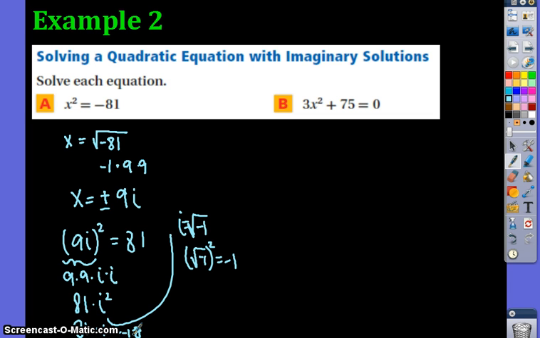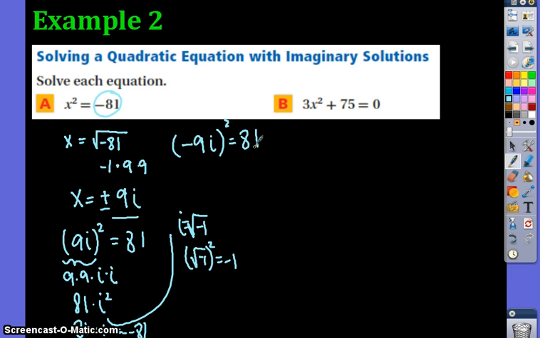Oh man, I can't write when I'm down at the bottom of the board. Negative 81. That's supposed to be an equal sign, and that's what we were trying to get. All right, let's also check the other one, because remember the answer was plus or minus 9i, so we could also do negative 9i squared should equal 81.